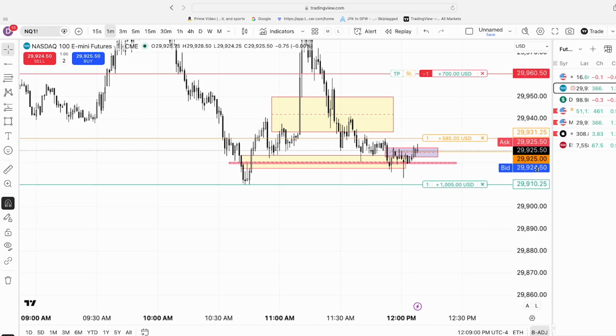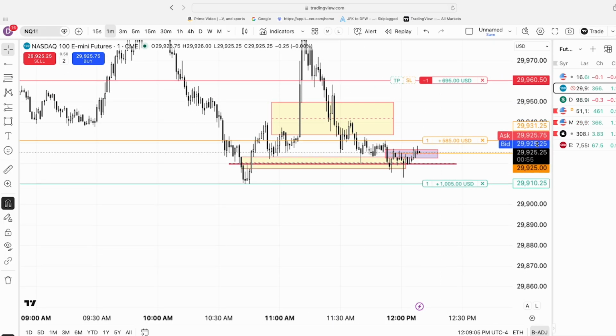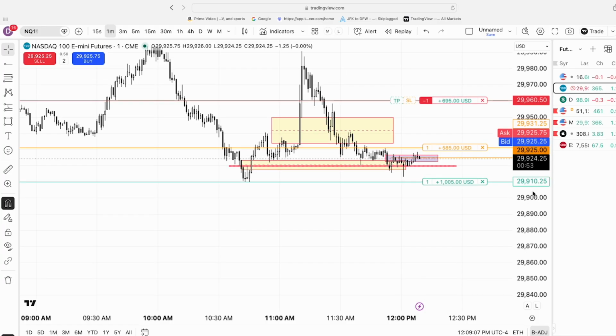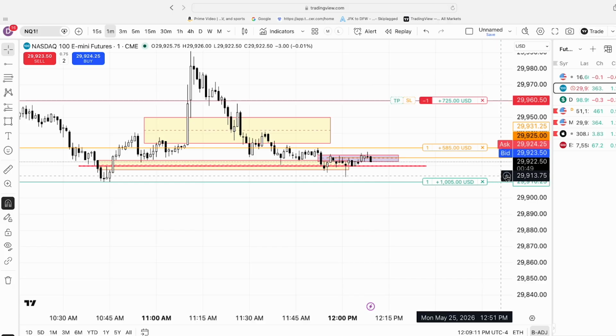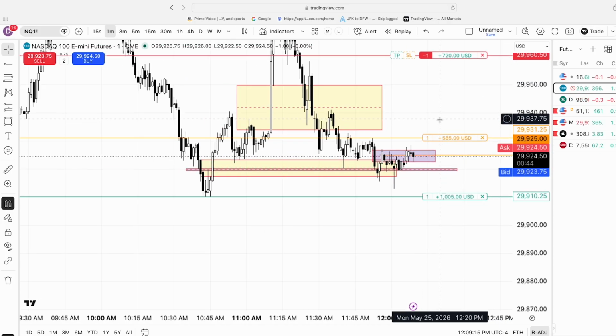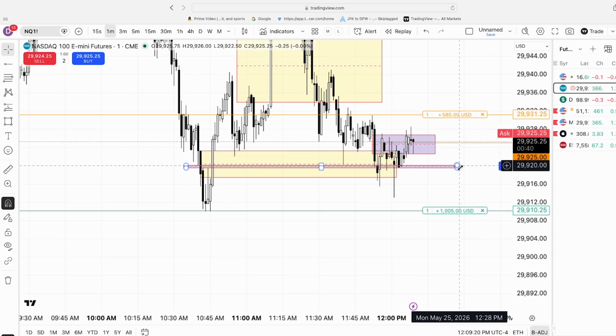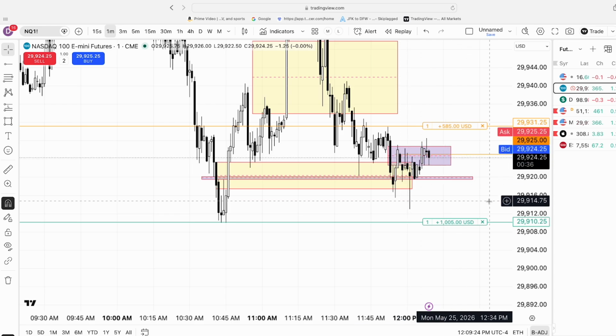Because I'm not going to sit through it deciding, oh my God, maybe we want to go all the way back up here. My homework is to actually observe certain fair value gaps.